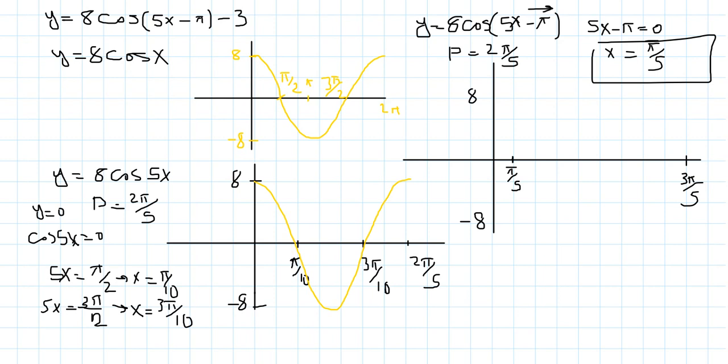And to understand the points where the graph passes through the axis, you only need to say y equals 0 here. So y equals 0 means cosine of 5x minus pi equals 0.